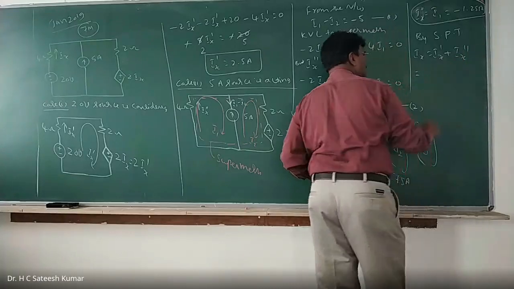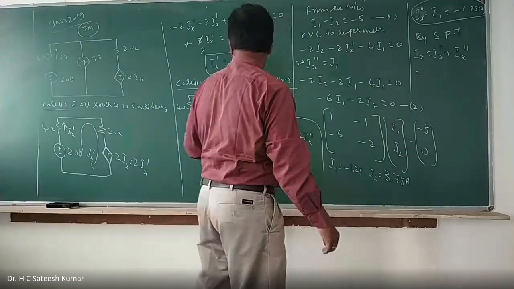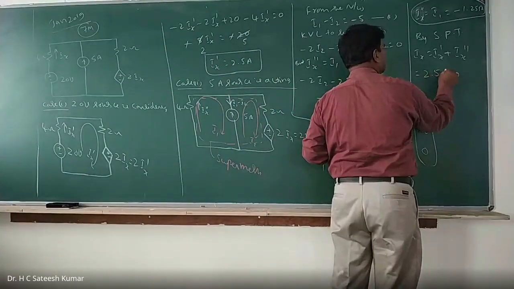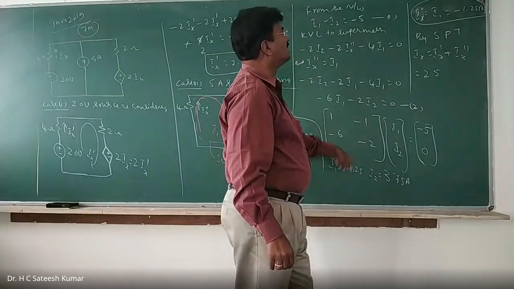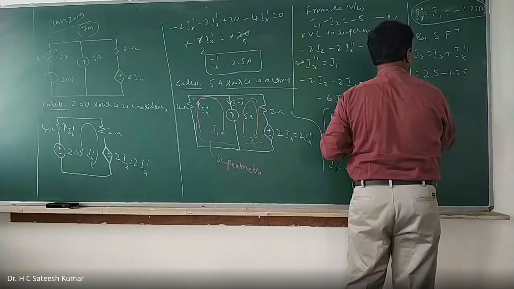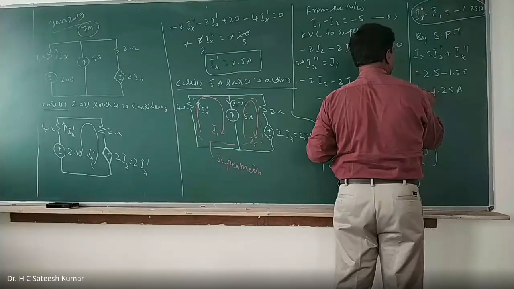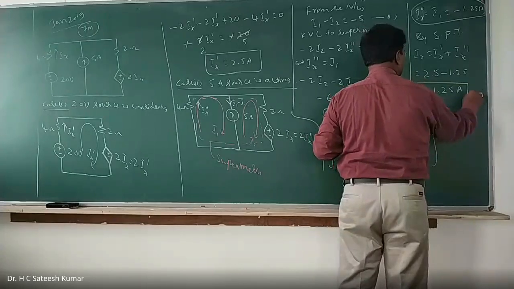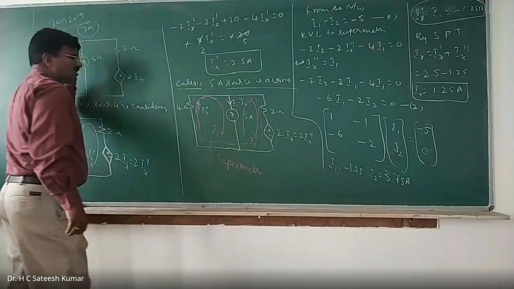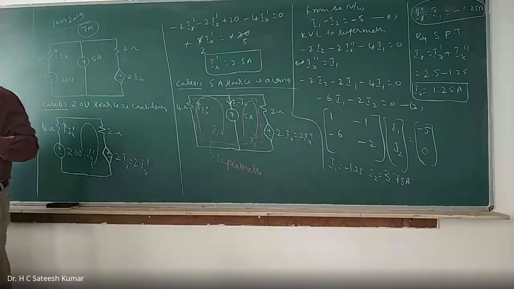Ix dash we got as 2.5, plus Ix double dash is minus 1.25, which is equal to 1.25 amps. That is your Ix. That's how you should do it. This will fetch you 7 marks in the examination, which was asked in last year's paper. Like that, we can solve any number of problems.